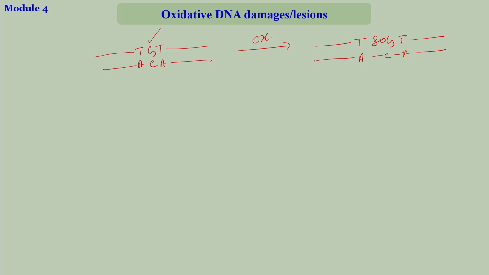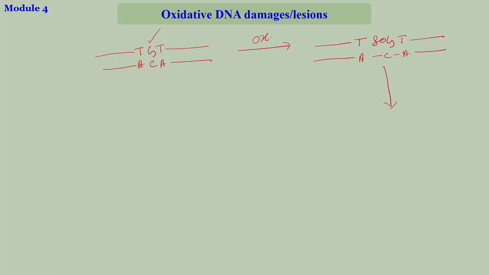Now, what happens? Of course, as I have said, in most cases our repair system will find out that there is some abnormality over this DNA strand and it will repair it. Now, if not, let us say it does not get repaired, then what are the consequences? So, when further cell division happens, this would be used as one of the template strands.